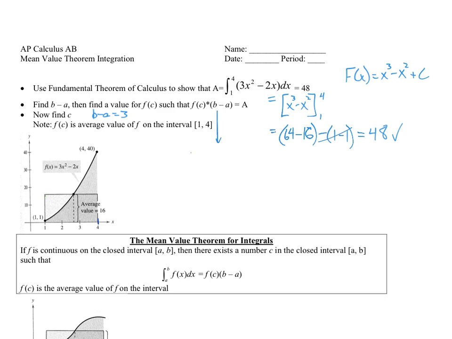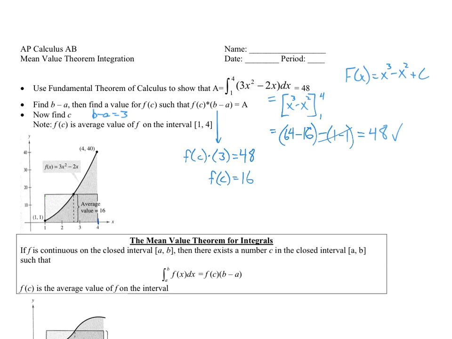All right, well, f of c times b minus a, well, we just said that that was 3, equals the area 48. Okay, well, that means f of c has to be 16.